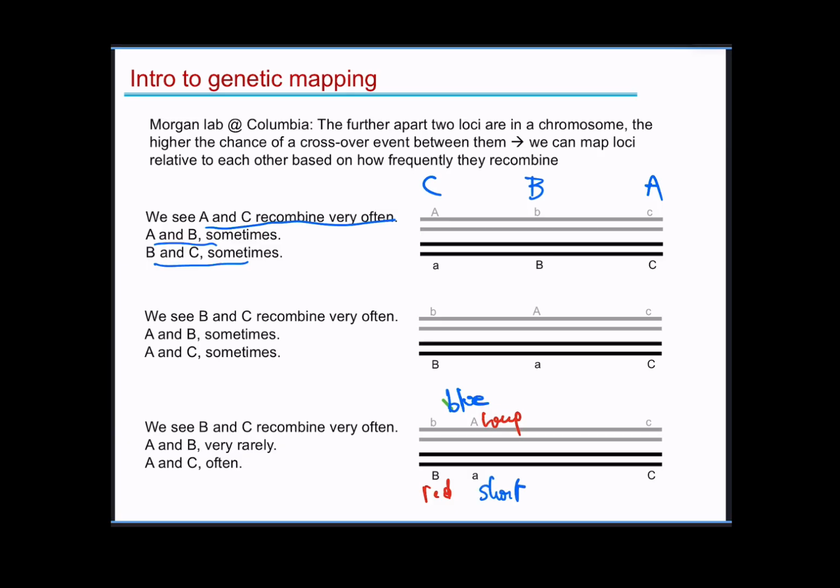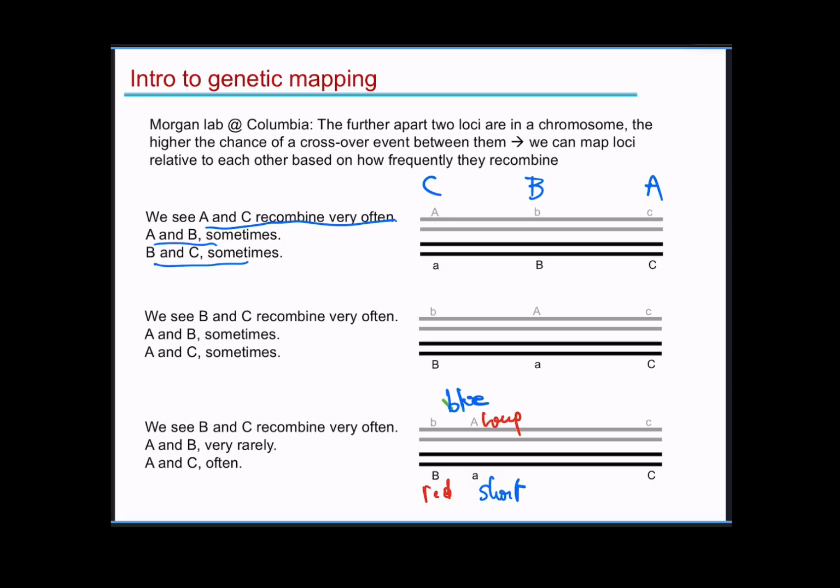You shouldn't think so much in terms of whether the phenotype is recessive or dominant, if that makes them closer or not. What matters is whether this combination, blue and long, and this combination, red and short, which are the parental combinations, ever change. Do you see in your progeny any flowers that are blue but with a short stem? And do you see any progeny that has red flowers with long stems? Because if you see any of those, they are recombinants.